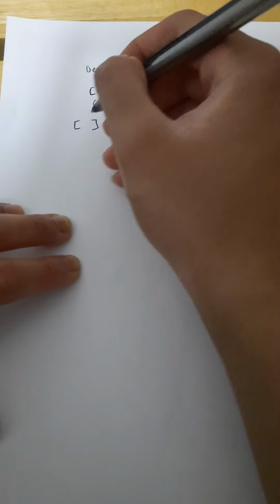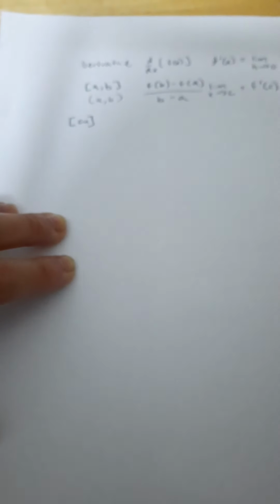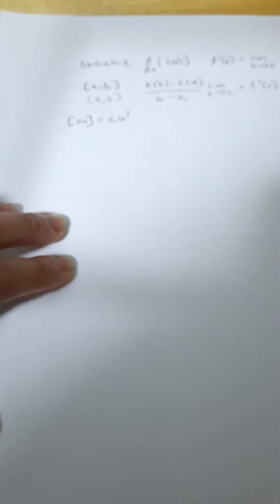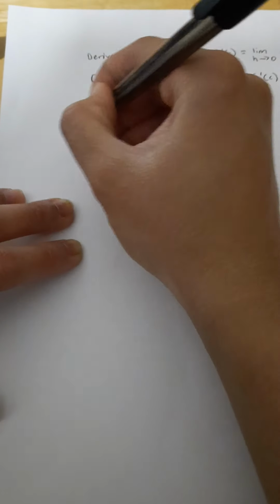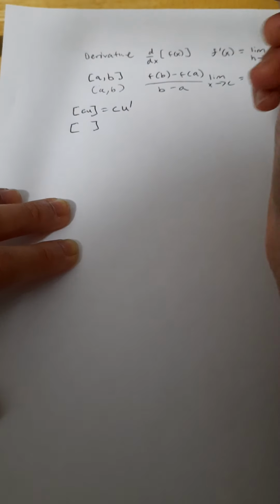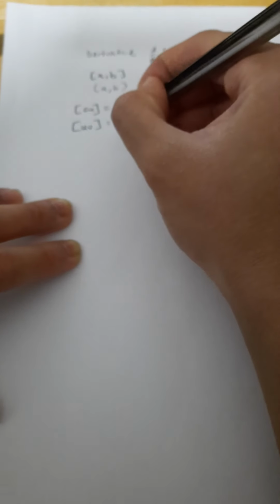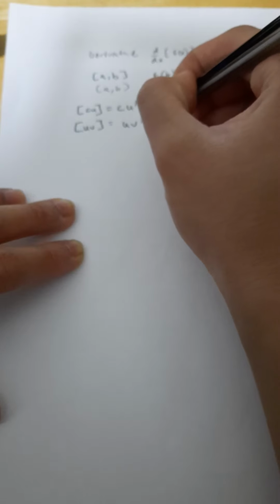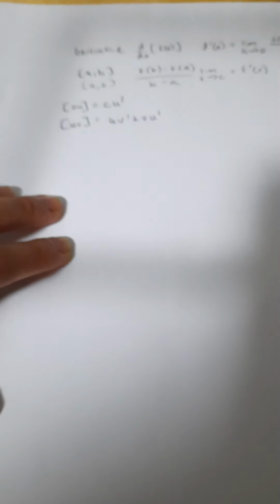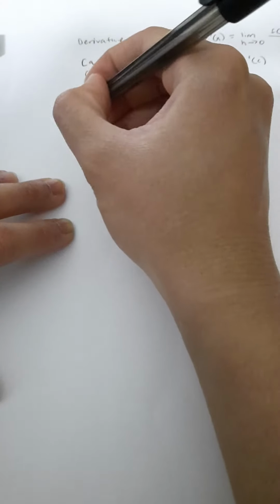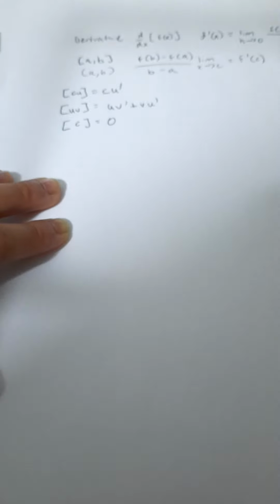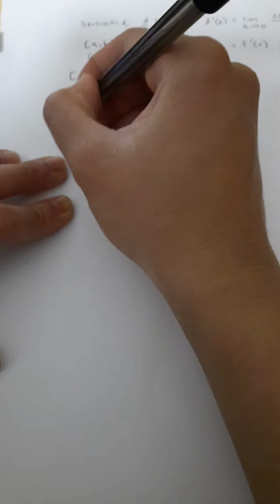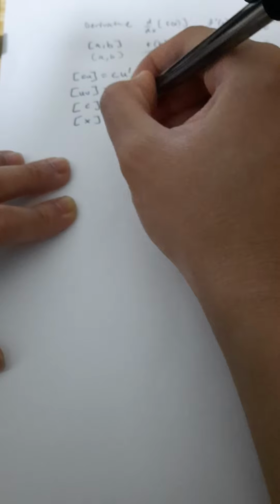First we have the constant multiple rule: the derivative of cu is c times u prime. The derivative of uv, this is the product rule, is u v prime plus v u prime. The derivative of a constant c is 0. The derivative of x is 1.